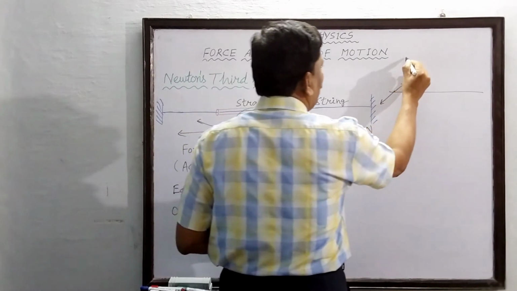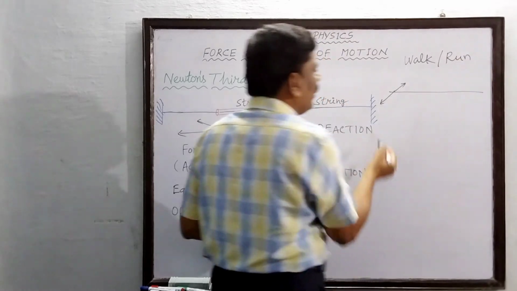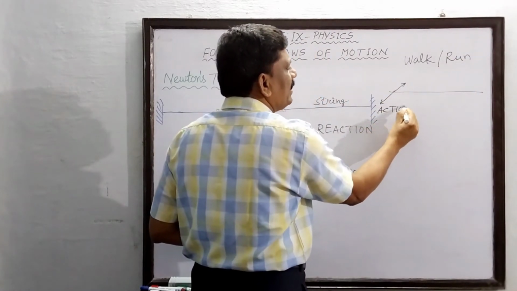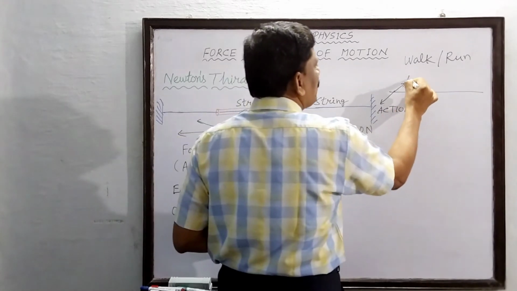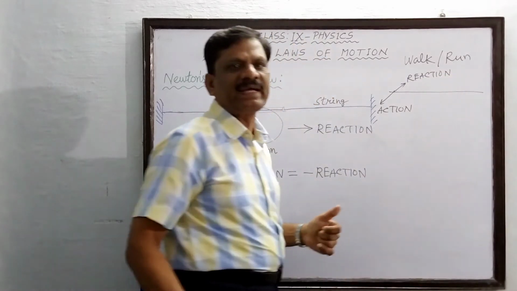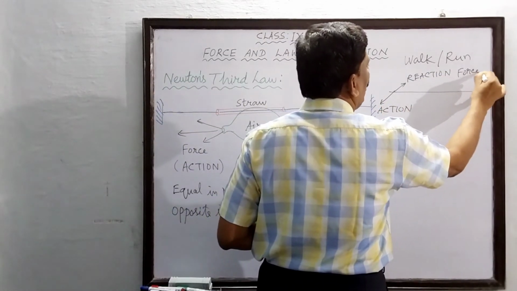When you run or walk, our feet will press the ground. This is called action and this is called reaction. In this direction only the reaction force is acting. This reaction force has two components.